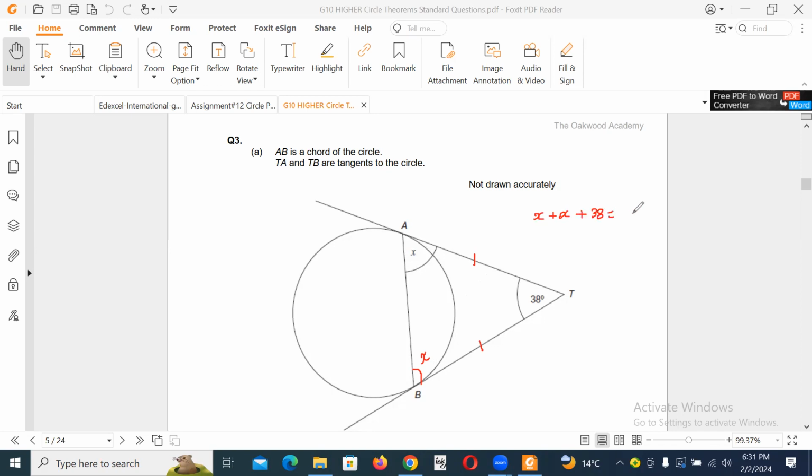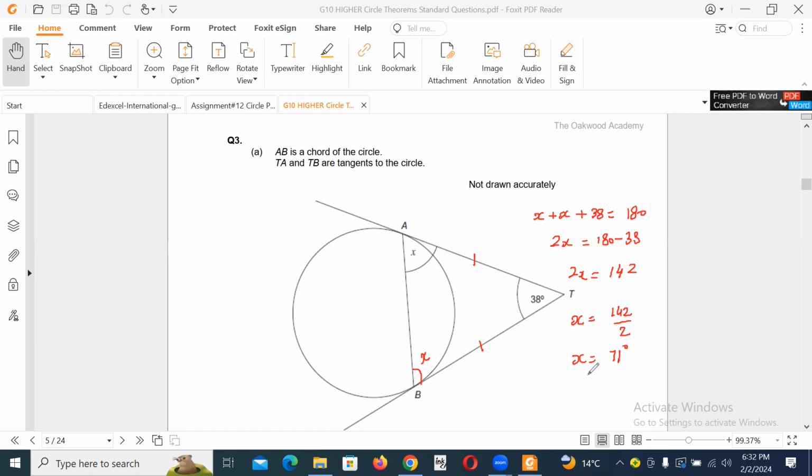So we can say that 2x is equal to 180 minus 38, which is 142, and x equals 142 over 2, which is 71 degrees.